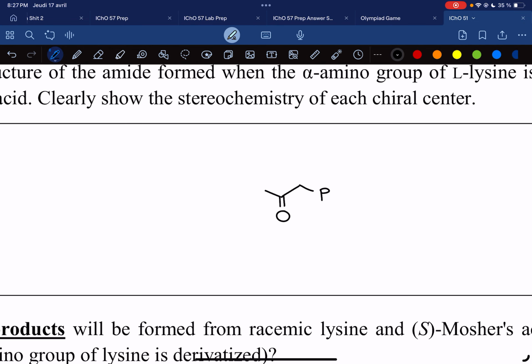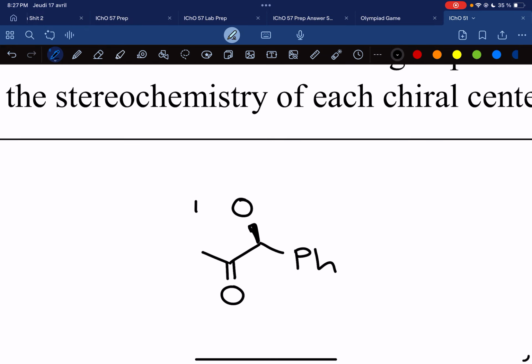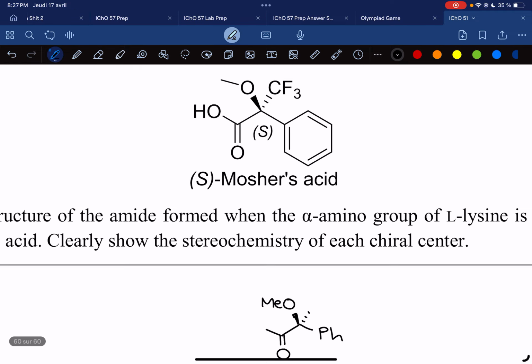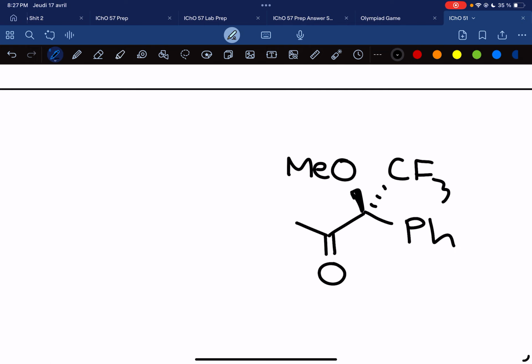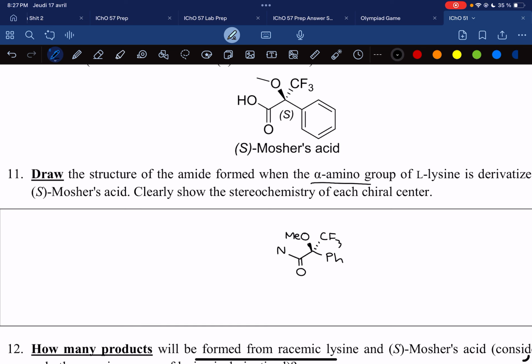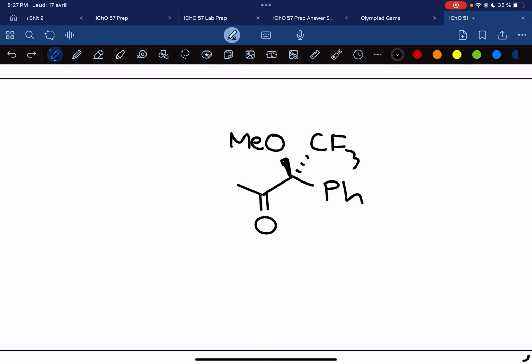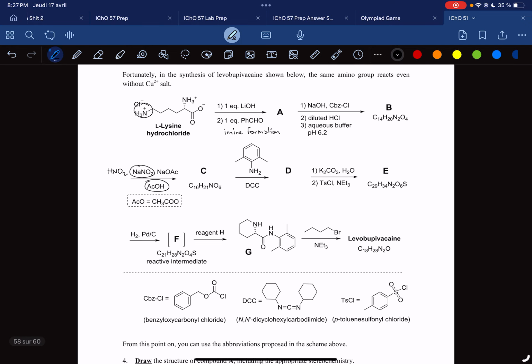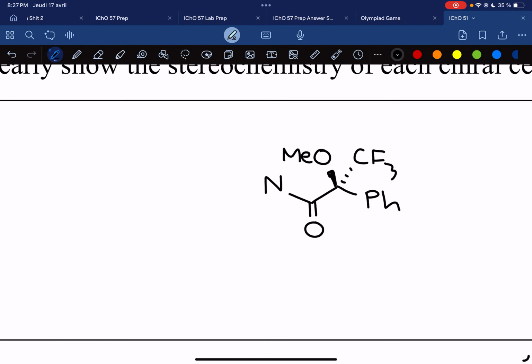So we have a phenyl group here, and then we have an OMe group in front, and at the back we have a trifluoromethyl group, and this nitrogen will be the nitrogen from the alpha amino group, right? Because it says right here that the alpha amino group of lysine is derivatized with Mosher's acid. Let me see what this structure looks like. Okay, I'm not going to check the stereochemistry, I'm just going to draw a dash. If it's wrong, you can correct me in the comments.